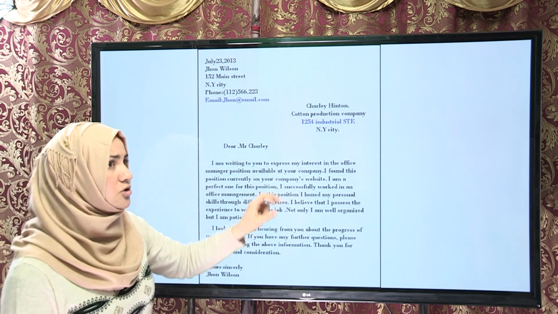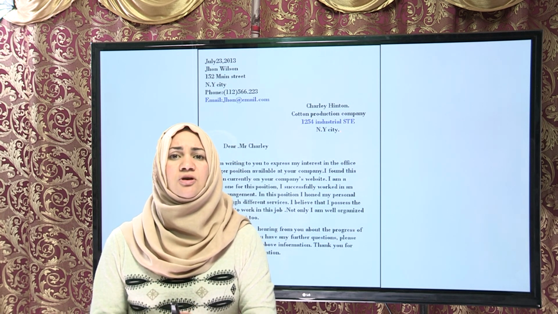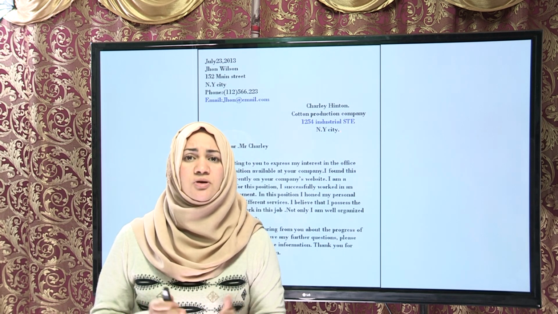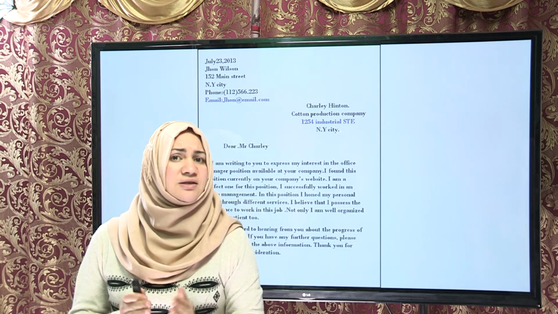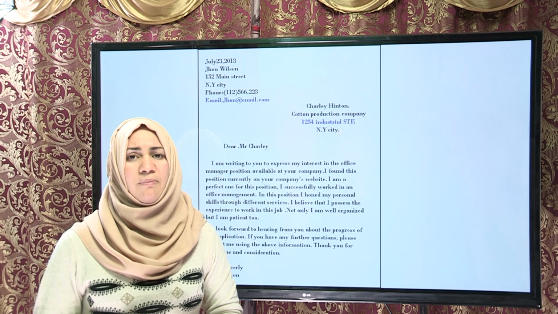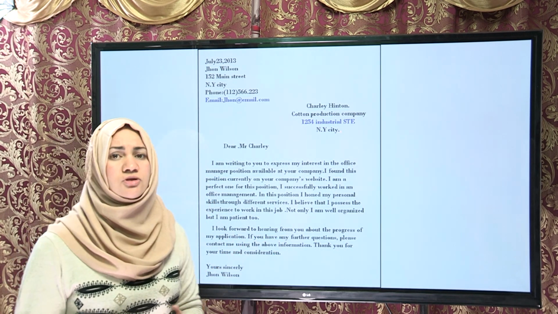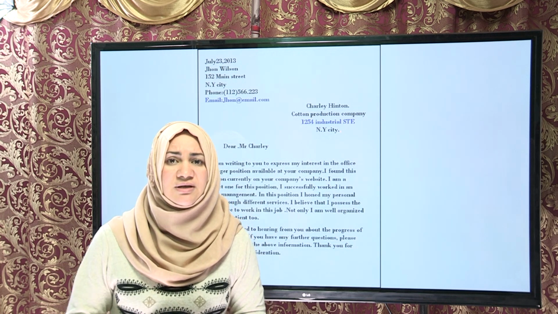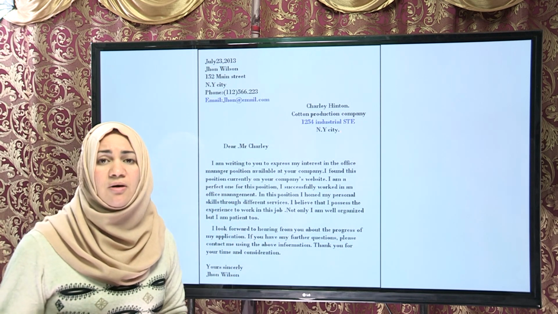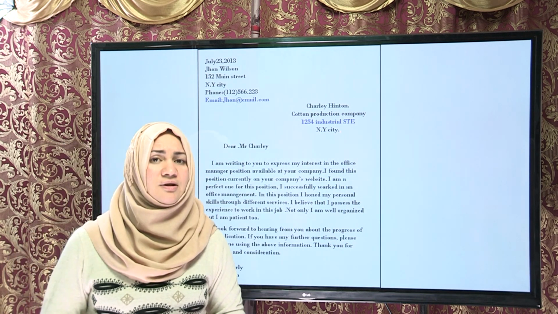Then you talk about yourself, your skills, your achievements, your contributions, the positive points about yourself. Then finishing your letter, of course, by inviting the manager to contact you to talk about this position or this job. And finally, of course, you write your name.